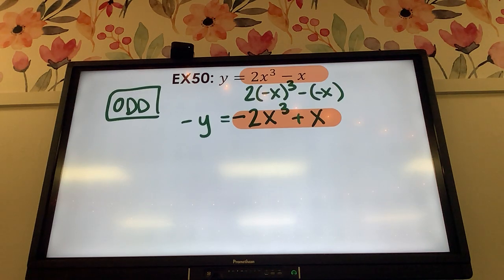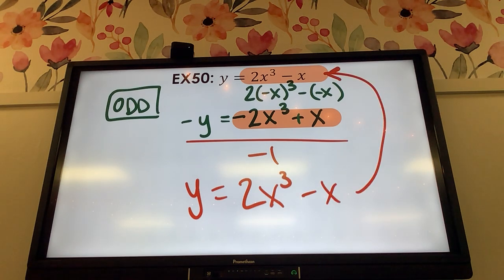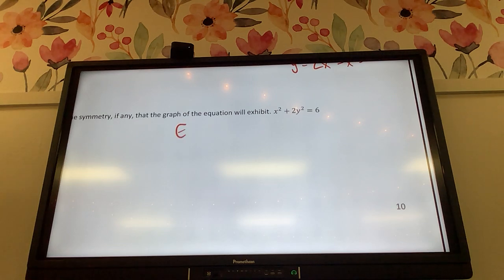So let's look at this one. Now you normally wouldn't do this, but hypothetically, if I divided everything by -1, I would get the original function. Does that make sense? So what that means is, if you're checking for even graphs, you're going to plug in -x, y.